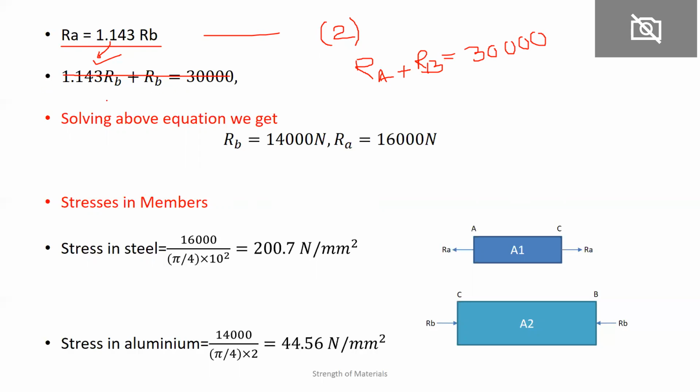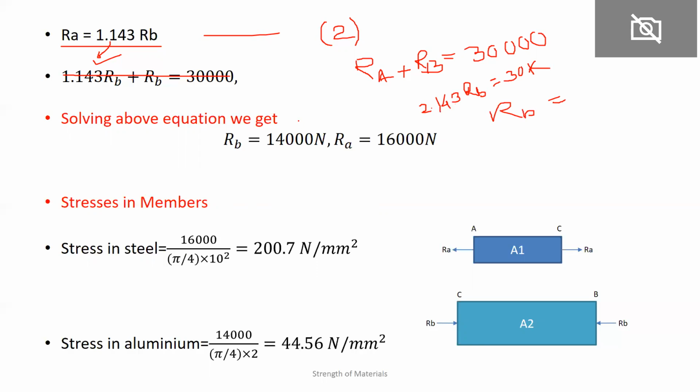Now solve this. So 2.143 into R_B is equal to 30,000, I will write 30K. So R_B is equal to 30,000 upon 2.143.